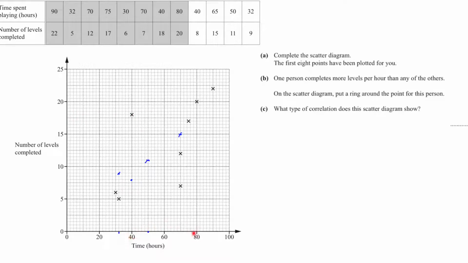When it is double those hours, then somebody completed level 20. So the person who completes most levels per hour is this person. We put a ring on it. What type of correlation does the scatter diagram show? It's going upwards, so positive.